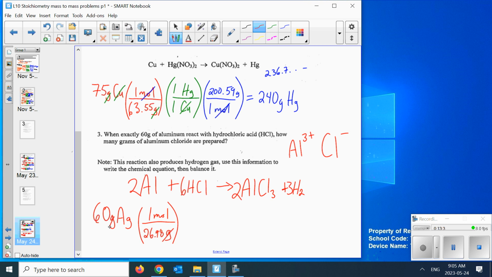I would have moles of silver at this minute. I don't want silver in my answer. I put silver, it's aluminum. Okay, I'll write this down correctly. Aluminum. Now, 2 aluminums. What's the thing I want? Grams of aluminum chloride. So 2 aluminum chloride.